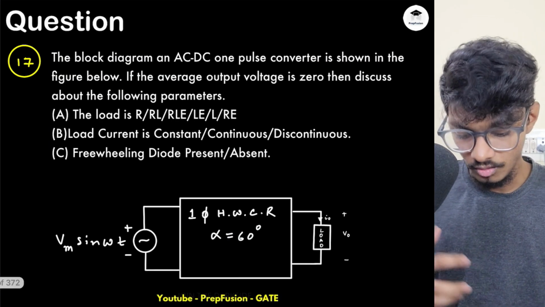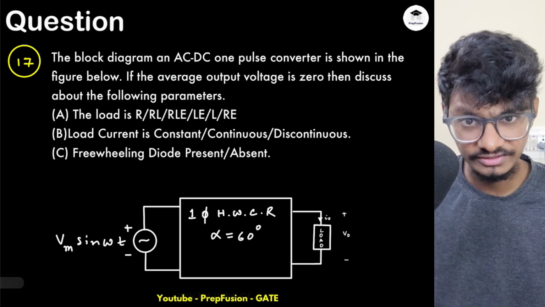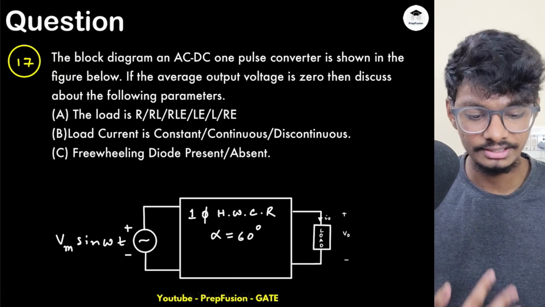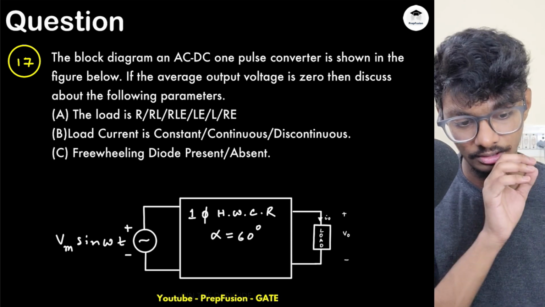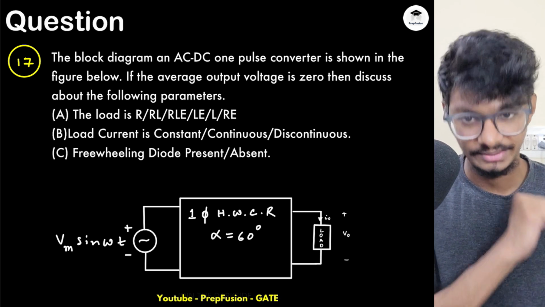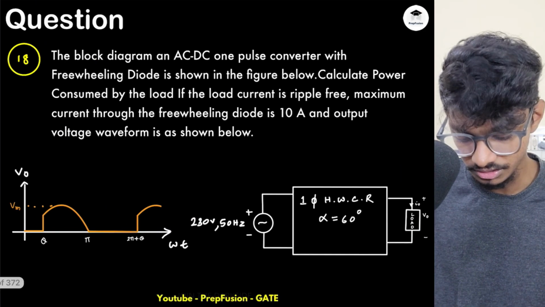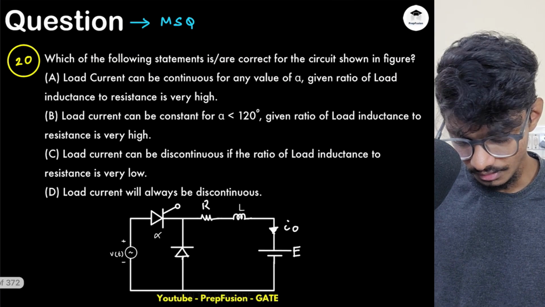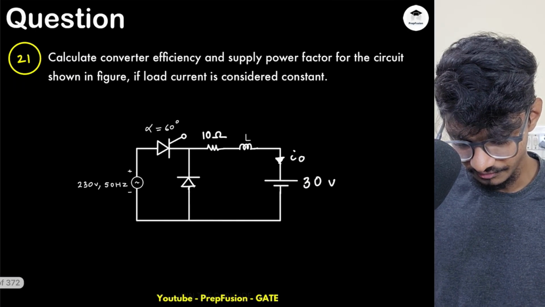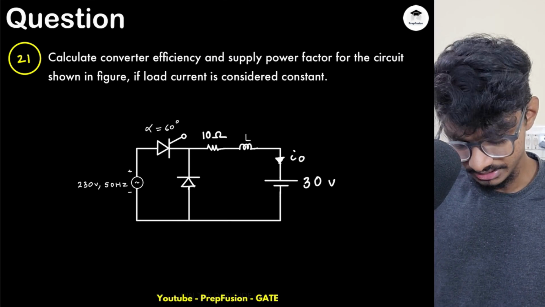Now I will give a few of these questions as homework, and in the next lecture we'll solve all these questions, and we'll also solve half-wave rectifier with capacitive load. So this is the first question. You can take screenshots. Second one, third, fourth, fifth. This is simply RLE load, but just a few things are different.